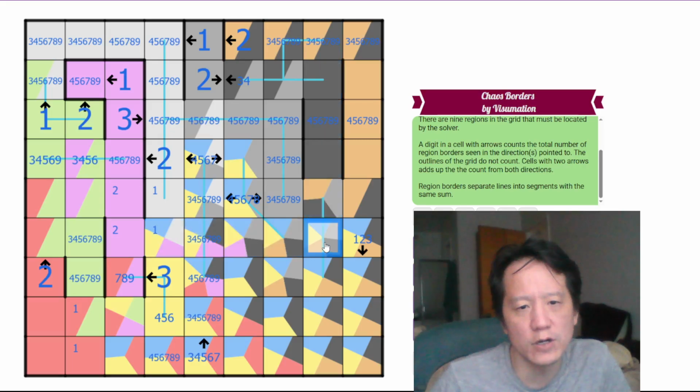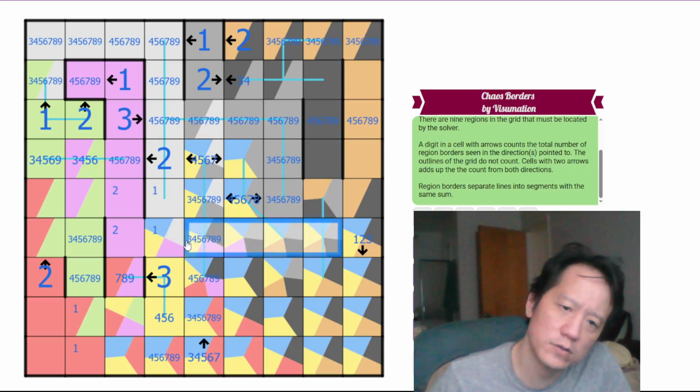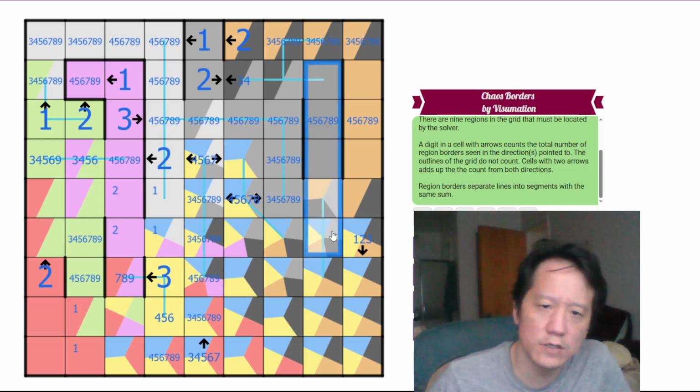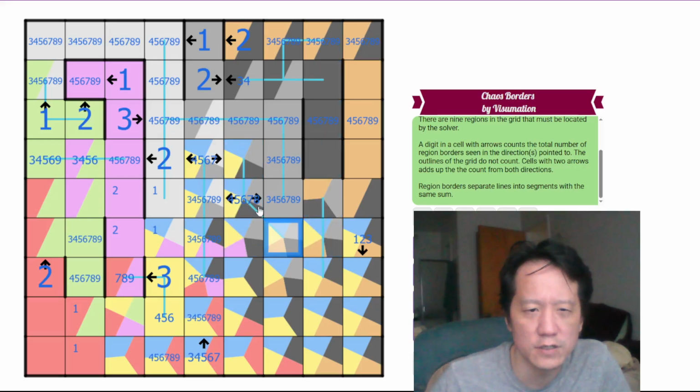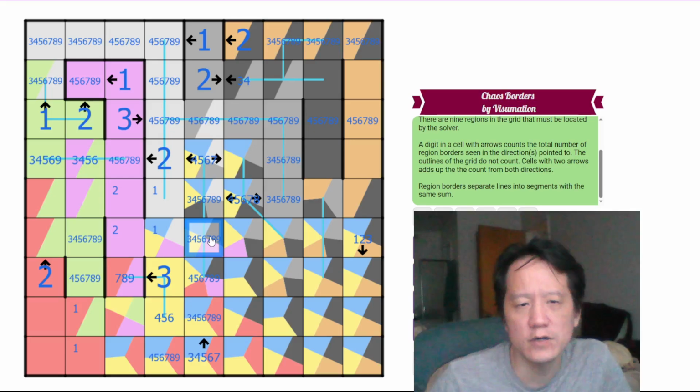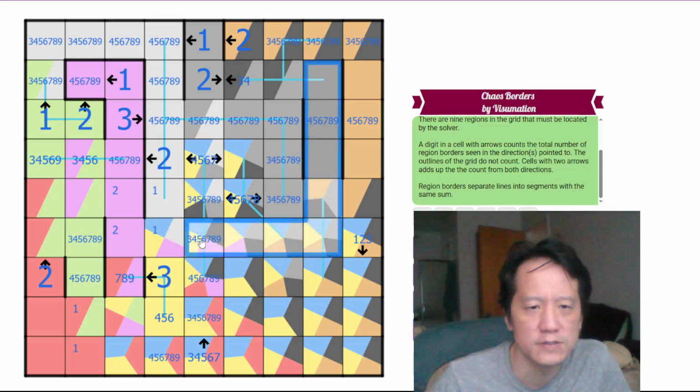It cannot block all the way here. Technically, it could go up here, right? 1, 2, 3, 4, 5, 6, 7, 8, 9, actually. So this could extend to here. Could extend to there, technically. It cannot go here, I don't think. 1, 2, 3, 4, 5, 6, 7, 8, 9.